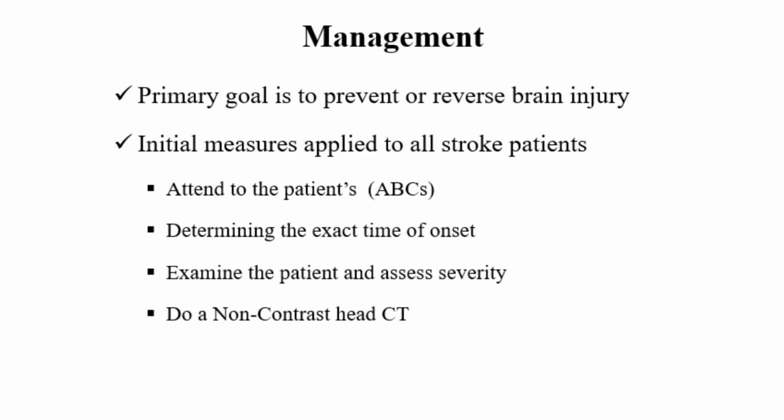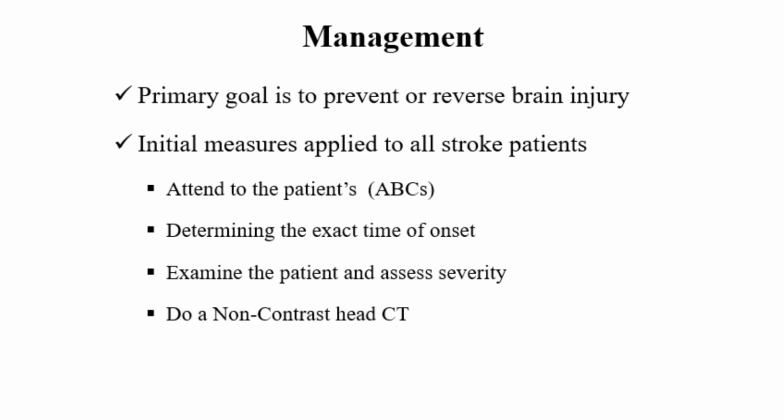The patient may present with fever, so controlling the body temperature is also important. The patient may present with dehydration, so fluid management is important. So during the first goal, that is stabilization and initial assessment, we rule out other causes or mimicry of stroke, then we act accordingly.